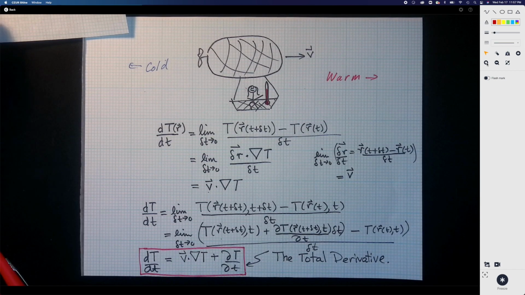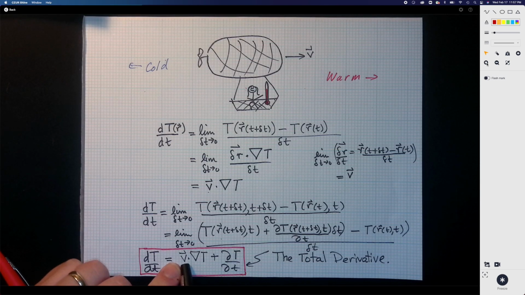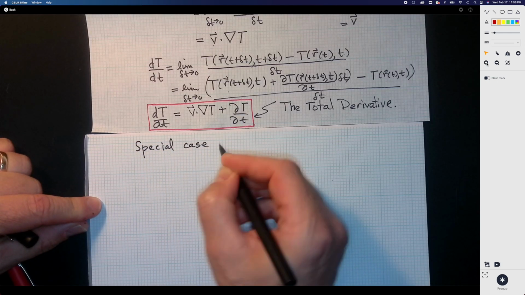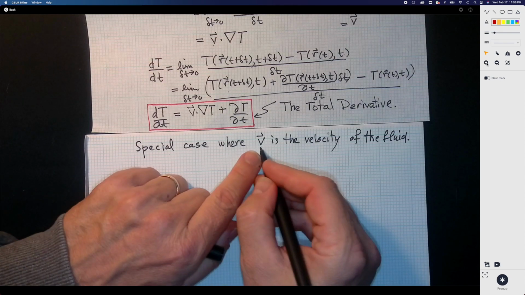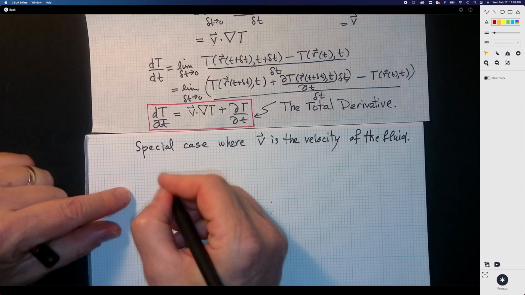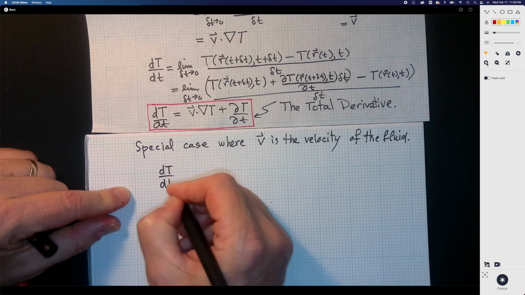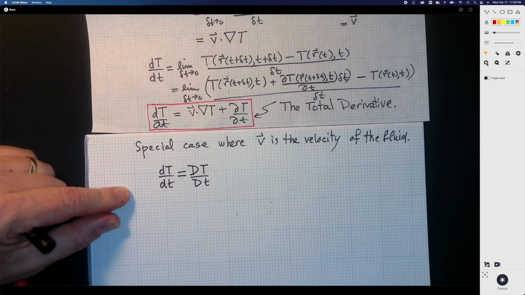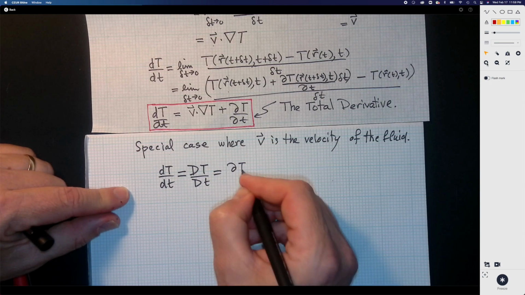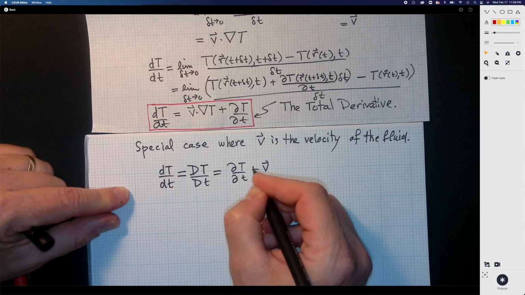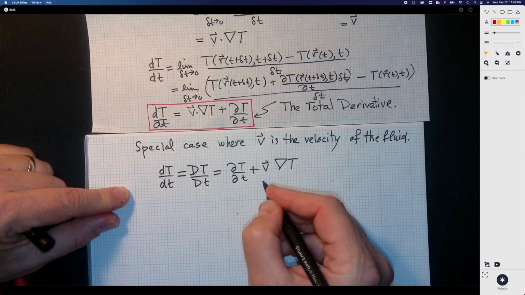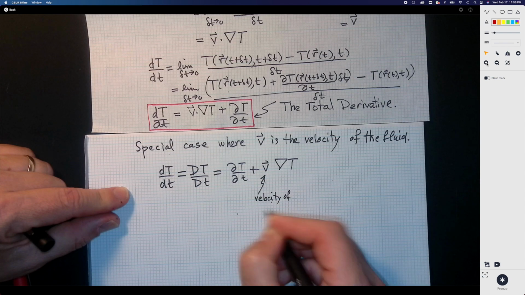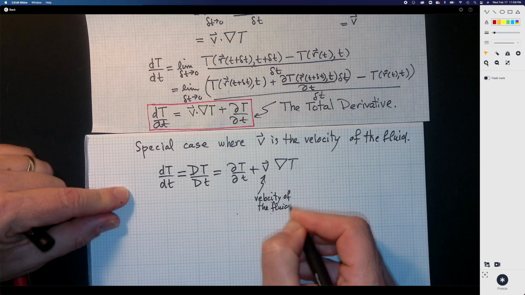Now there's a special case where the velocity v is the velocity of the fluid, of either the air or the water. So v is the velocity of the fluid, so it's the material velocity. Then we call dT/dt, sometimes we'll also write it capital D, T, Dt, which is going to be partial T partial t plus v dot grad T, where this is the velocity of the fluid material.